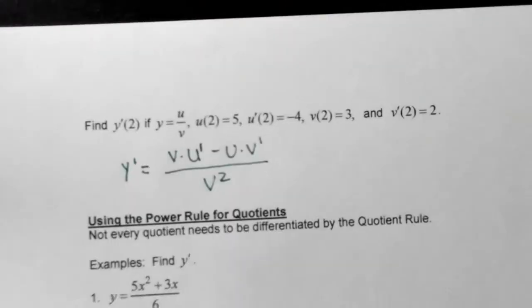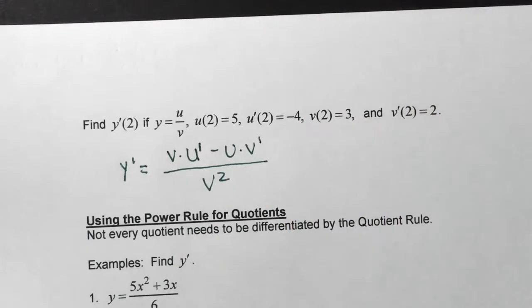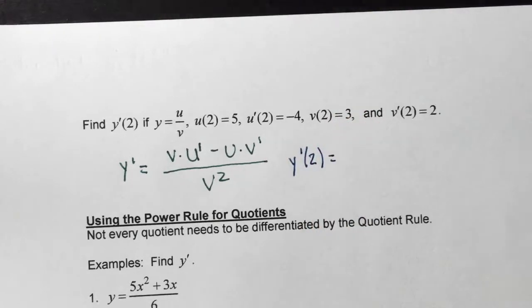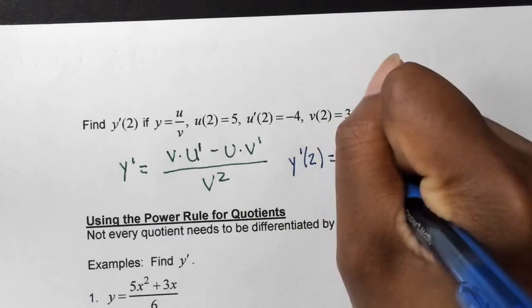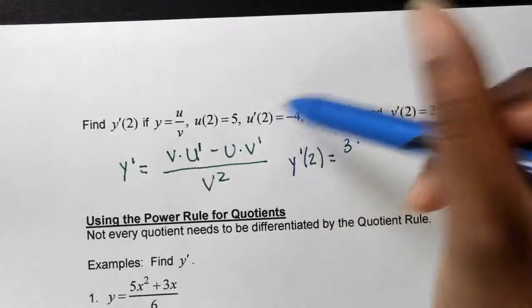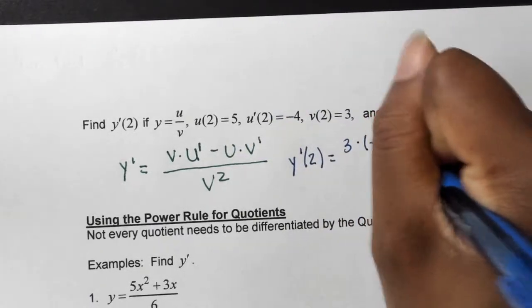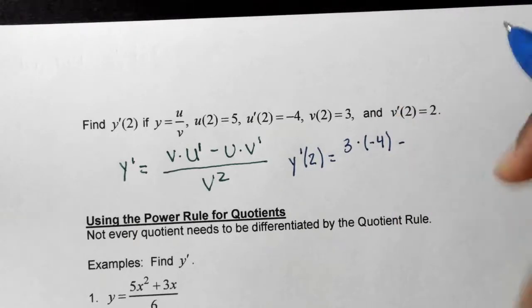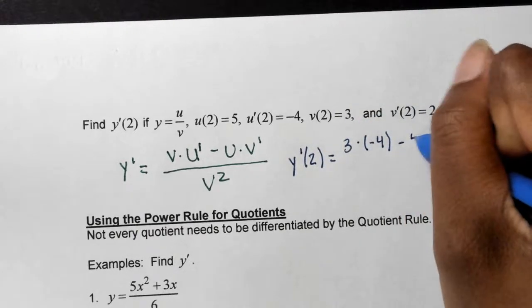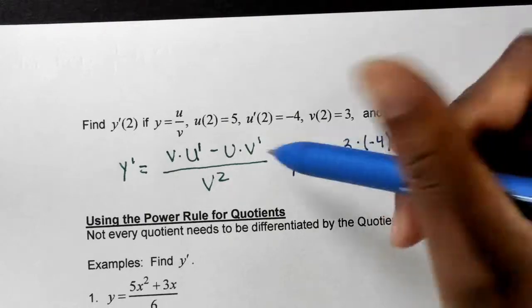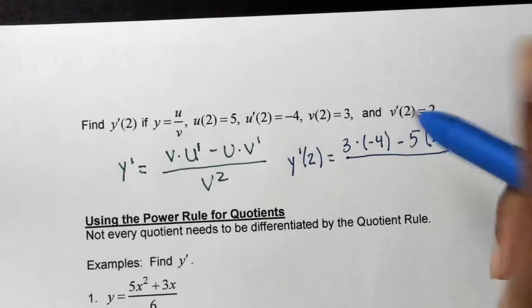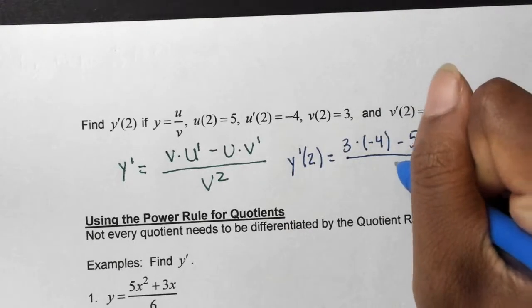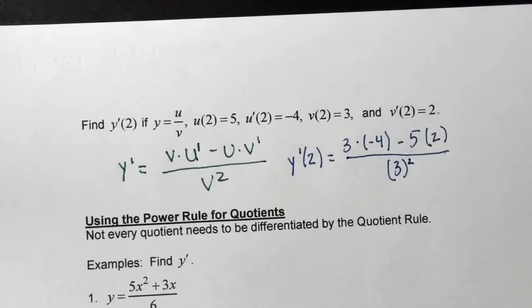So using that information, we can identify that y prime of 2 should be equal to v of 2, which is 3, times u prime of 2, which is negative 4, minus u of 2, which is 5, times v prime of 2, which is 2, all over v of 2 squared, which would be 3 squared.